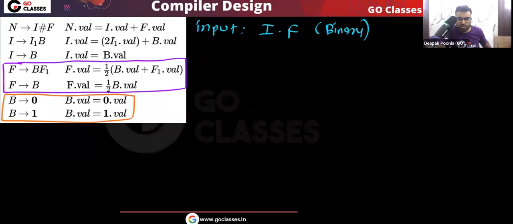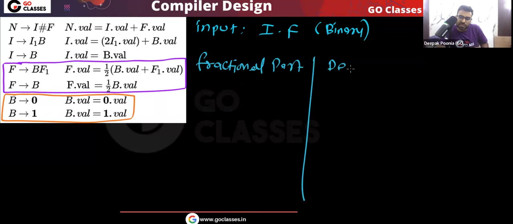Okay, let's focus on these rules. If our fractional part is a single bit, let's assume, on one side I am writing the fractional part, and on another side let me write the equivalent decimal. Now, if the fractional part is, let's assume, 0, then what will be the decimal?